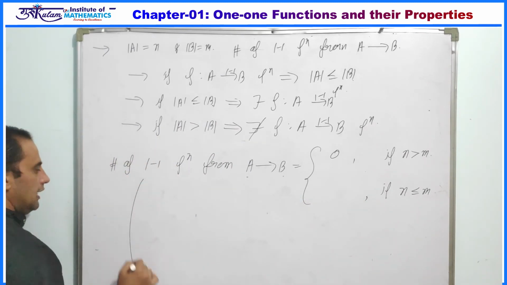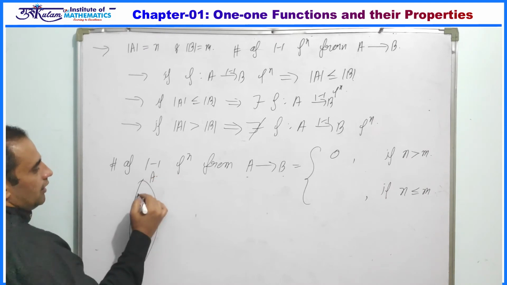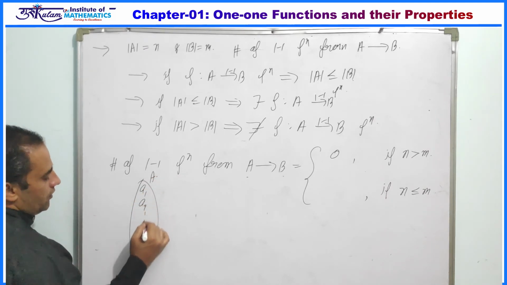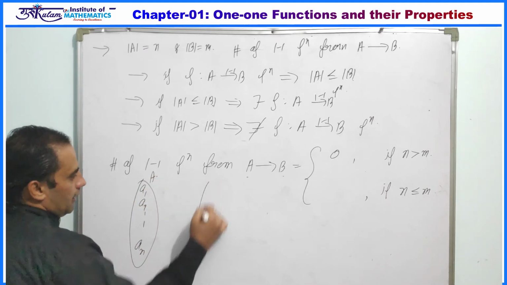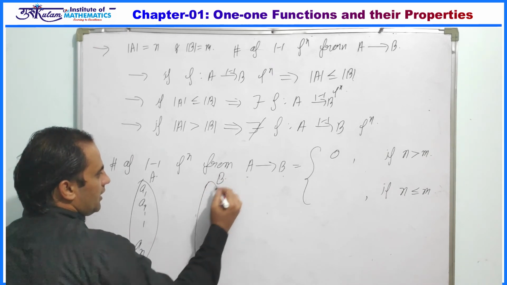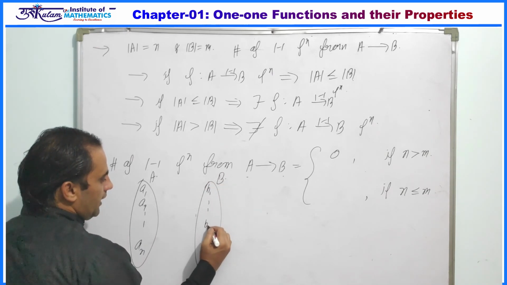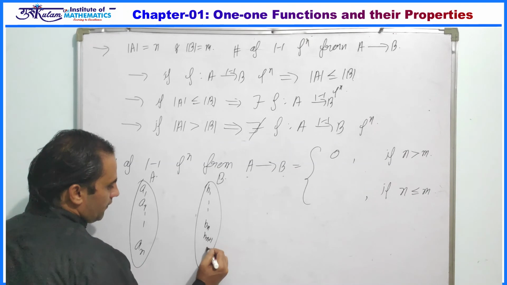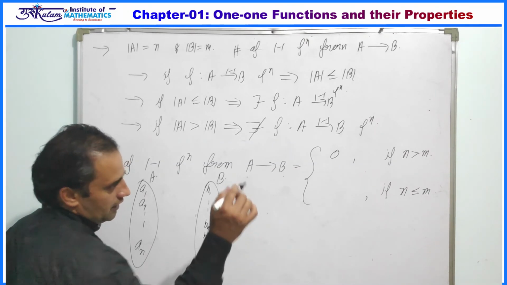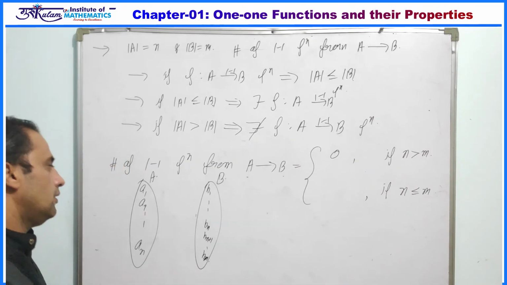Now we have A, in which we have elements a1, a2, up to an, and the set B, in which there are elements b1, b2, up to bn, bn+1, and finally bm, since m is greater than or equal to n.